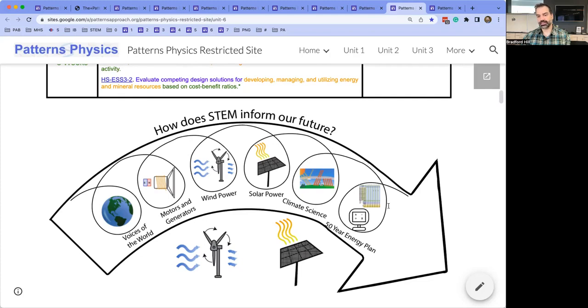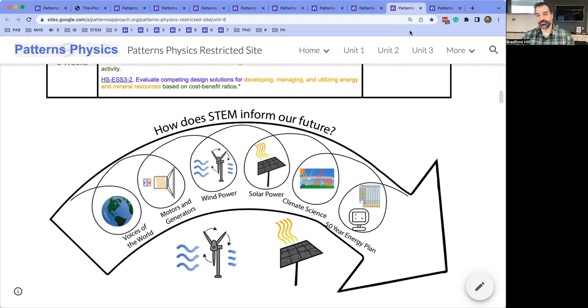And then at the end, you put it all together to make your 50-year energy plan with criteria and constraints. You've got to think long-term: as you increase wind and solar, your reliability is dropping. So you need to, at the same time, look at energy storage and smart grid technology. So it has a lot of complexity, but keeps it fairly simple. So that's worth taking a deeper dive.